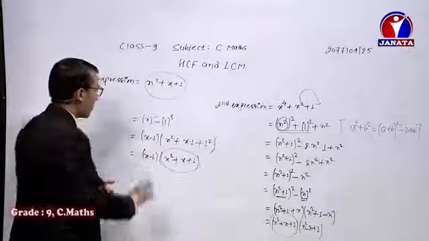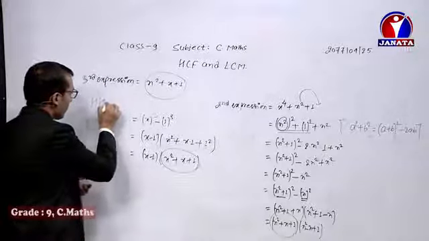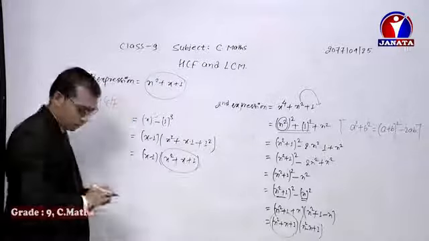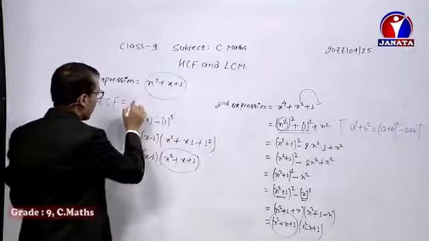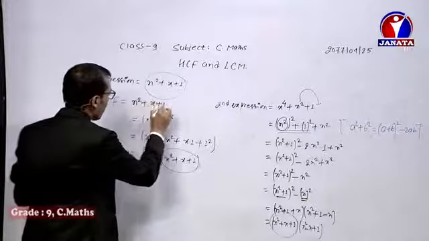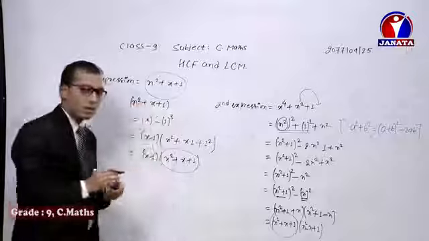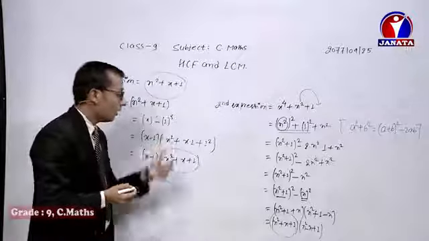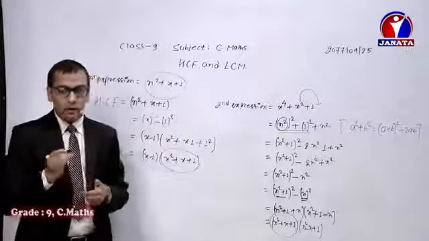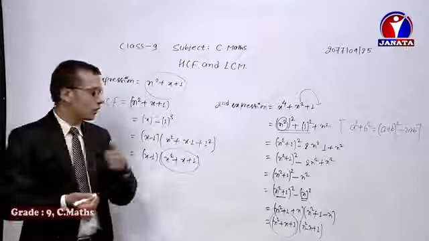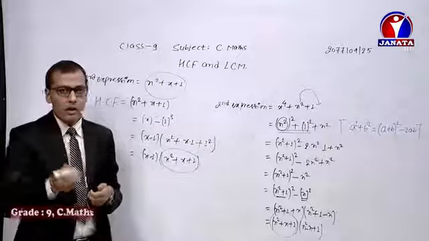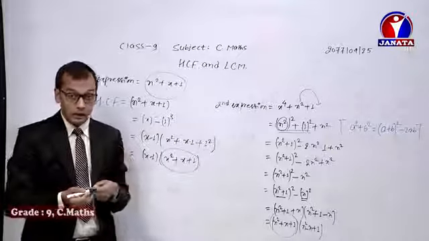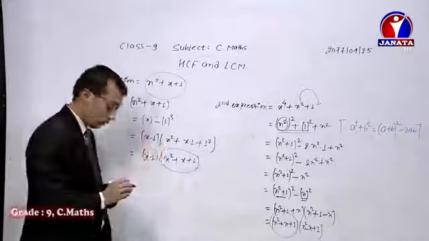So HCF is the common factors. So what is the common factor? x² + x + 1 is common factor from all the expressions. Now for LCM, we pick out common factors and then we multiply by remaining factors from all the expressions.